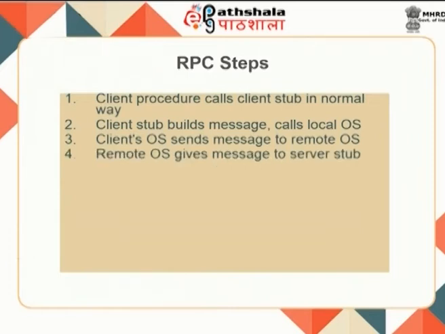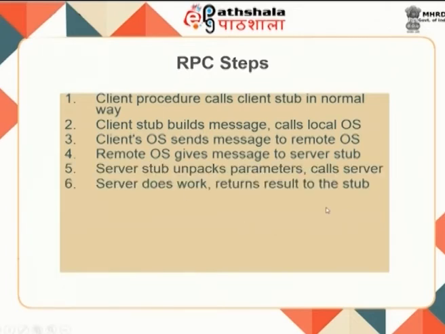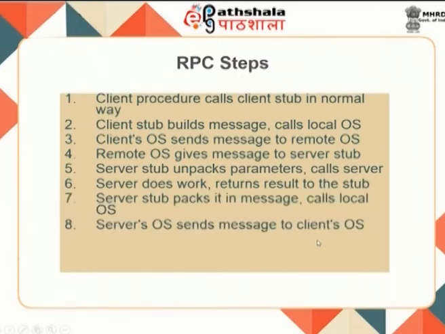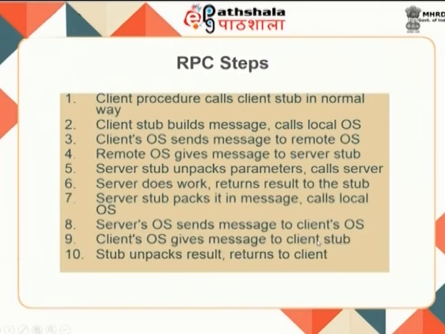The remote OS delivers the message to the stub. This is still in a format not understandable perhaps by the receiving process. The server stub will unpack the parameters, and then the server is called. The server executes and returns the result, and it comes back in a similar path.